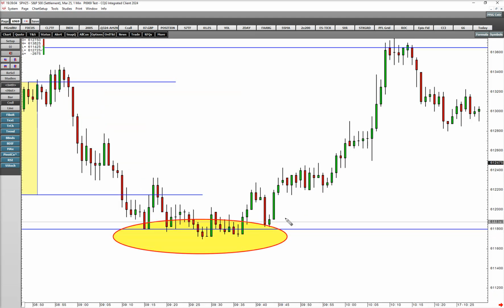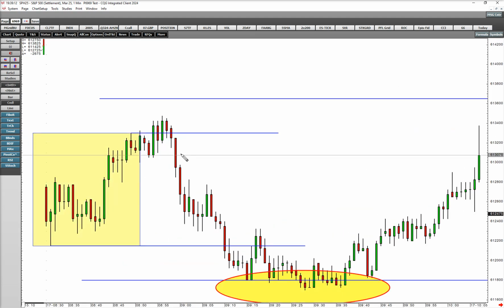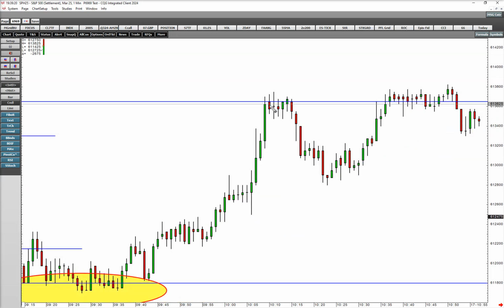And then what do? We rallied straight up to the A level on the upside, which is 61.3650 on the March contract, because this 20-minute range topped out at 61.33. And again here, there's 1, 2, 3, 4, 5, 6, 7 minutes in that range. None of them are completely above.